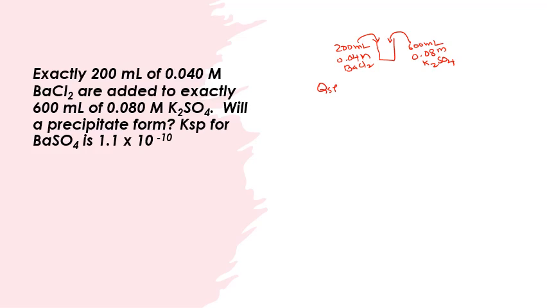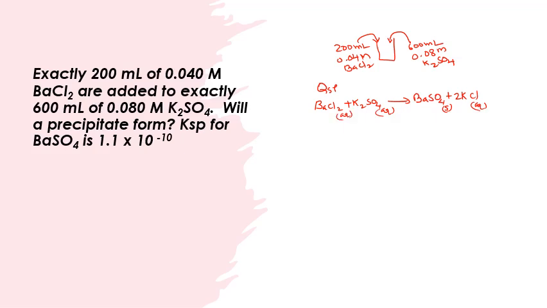So first we have to figure out which one is going to be the precipitate here. So we are mixing BaCl2 plus K2SO4. We are getting BaSO4 plus 2KCl. So the possible precipitate is barium sulfate. Okay, everything else is going to be soluble.